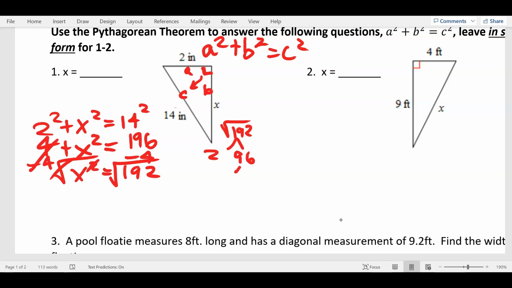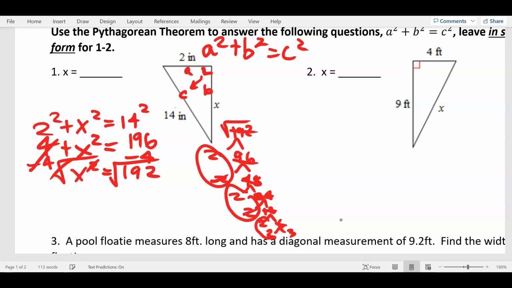Yeah, and then 96 is even, so 2 times 48. 48 is even. 2 times 24. 24 is 2 times 12. 12 is 2 times 6. And then 6 is 2 times 3. I barely made it. Oh, ran out of room there. Okay, that's a lot of pairs. So pair of 2, pair of 2, pair of 2.